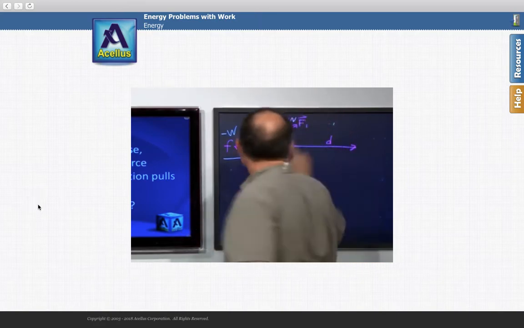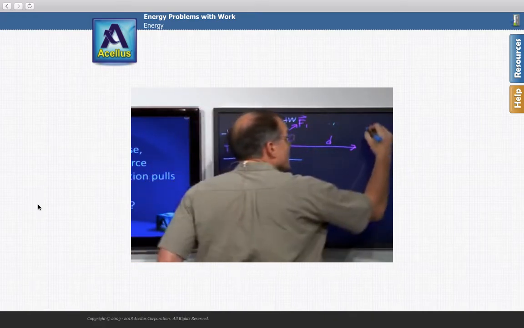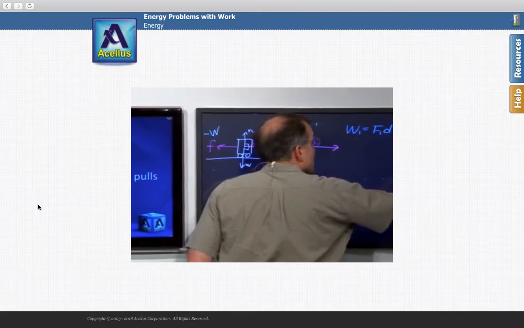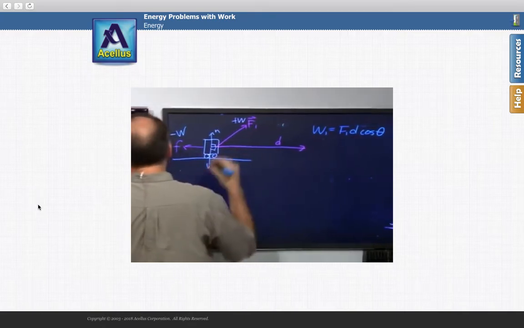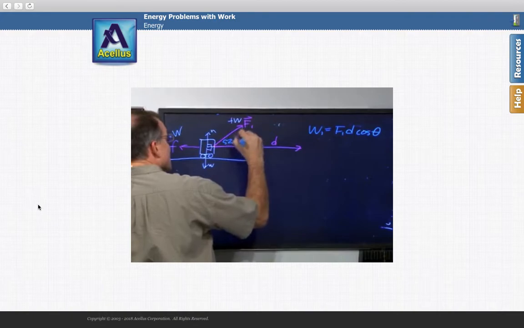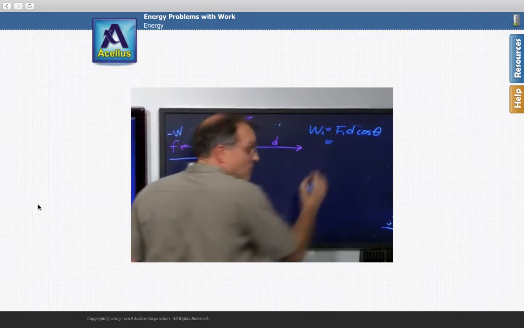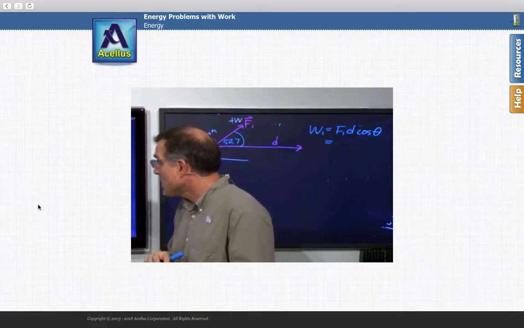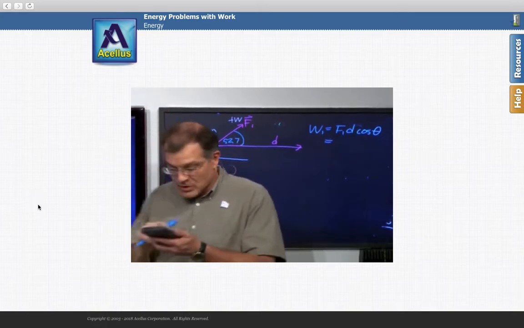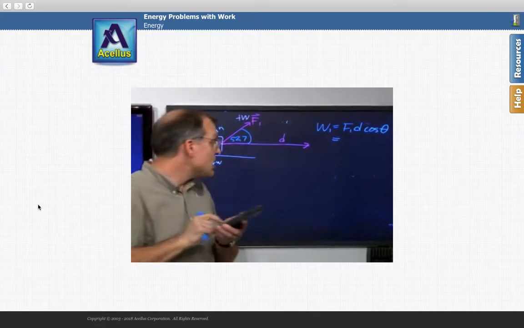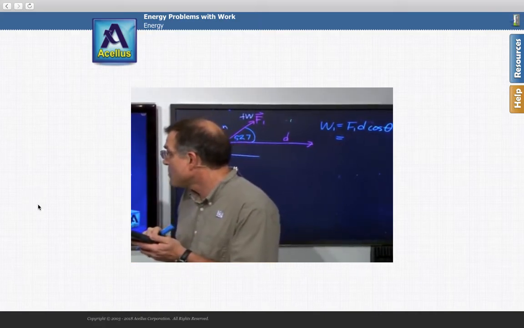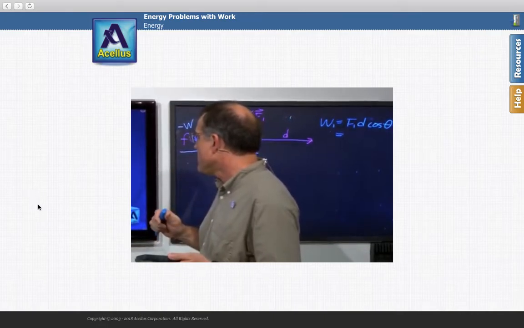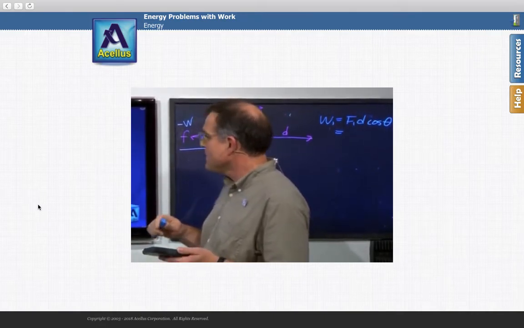All right, well, let's find the work that force 1 did. That's F1 D cosine of its angle, which was 52.7. Okay, so I'm just going to put that in the calculator. F1 was 27.2 times the distance, which is not stated in this problem.